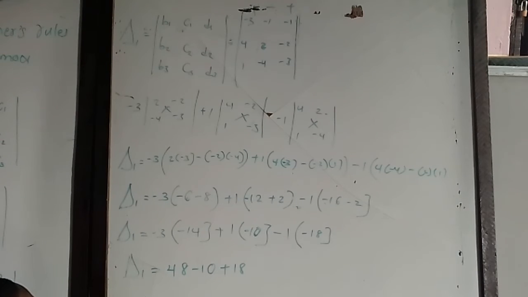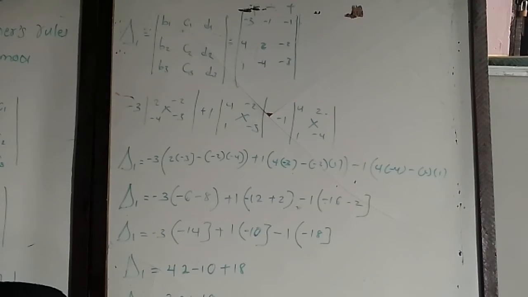Okay, let's continue. I said 3 times 14 is going to give us 42, so now we are going to have 50.